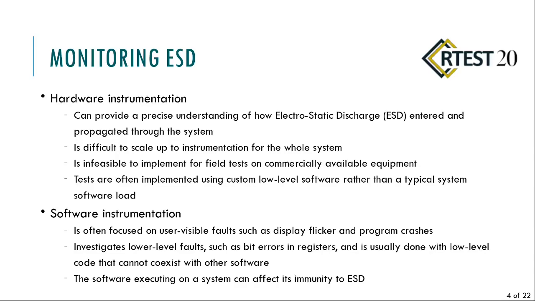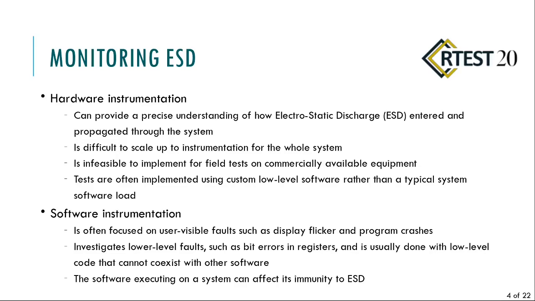As well, the hardware modifications required make this infeasible for field test conditions or for using commercially available equipment. On the other hand, software instrumentation can circumvent several of these problems, but many software instrumentation studies focus on user-visible faults, such as display flicker or program crashes. So these can provide a high-level understanding of when the system is shocked here, it causes a display fault there, but not an understanding of why.